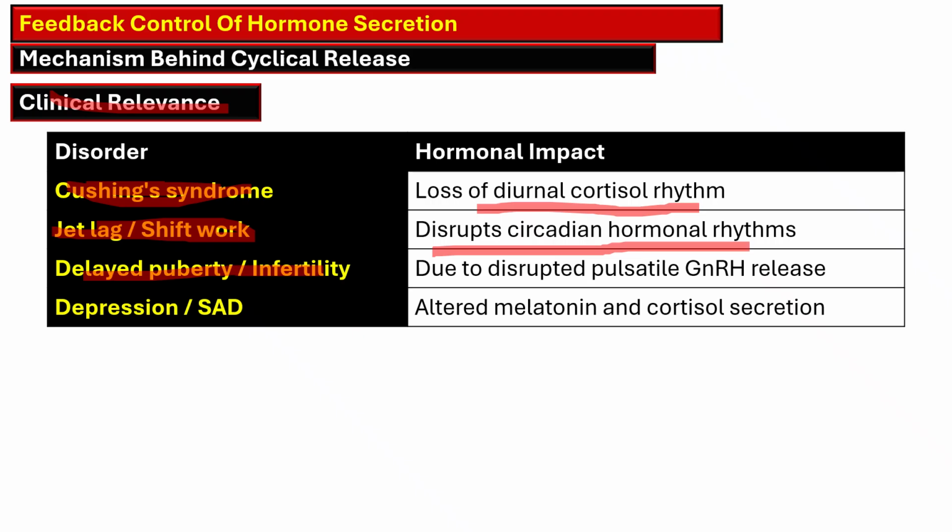Delayed puberty and infertility are due to disrupted pulsatile gonadotropin releasing hormone, and depression and sadness are associated with altered melatonin and cortisol secretion.